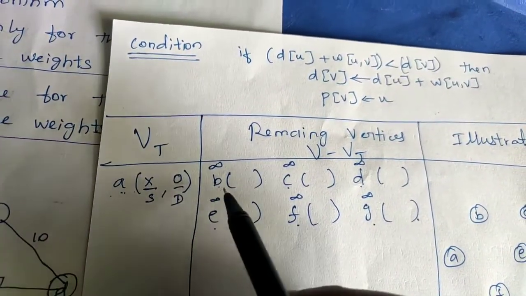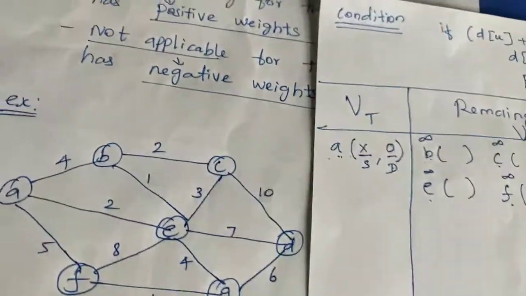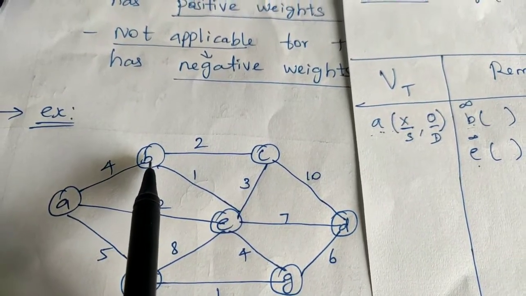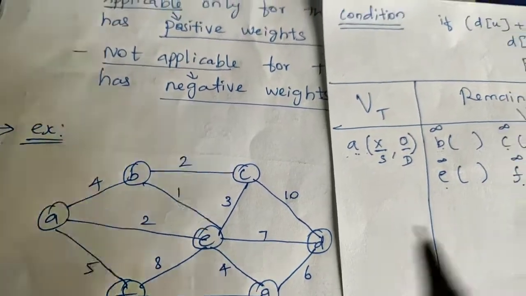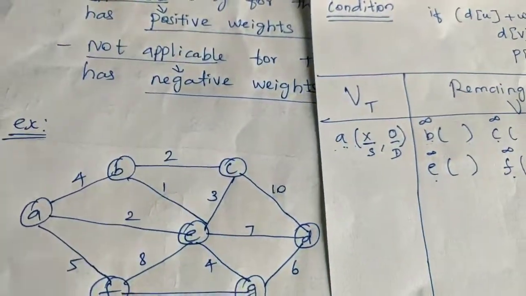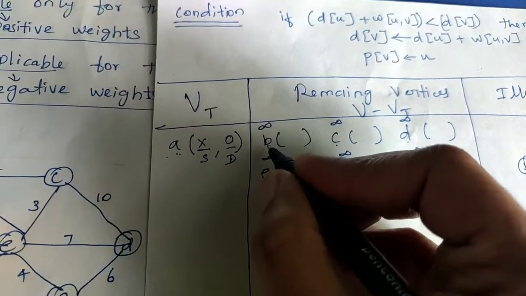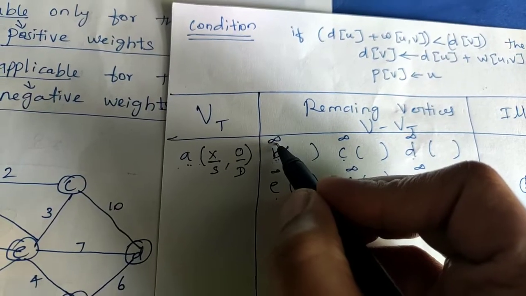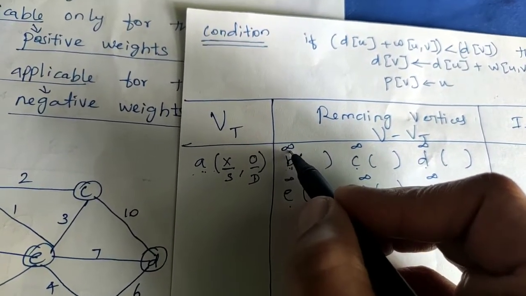Now I am just trying to process the vertex B from A. I am checking from A whether I will be able to visit B or not. I will be able to visit B. Already the distance of B, what I have specified here, is infinity.